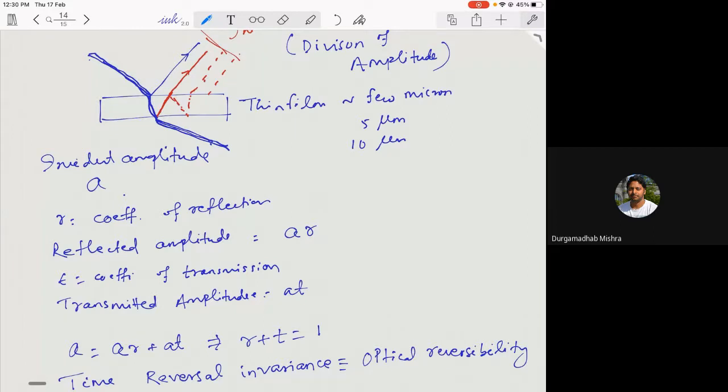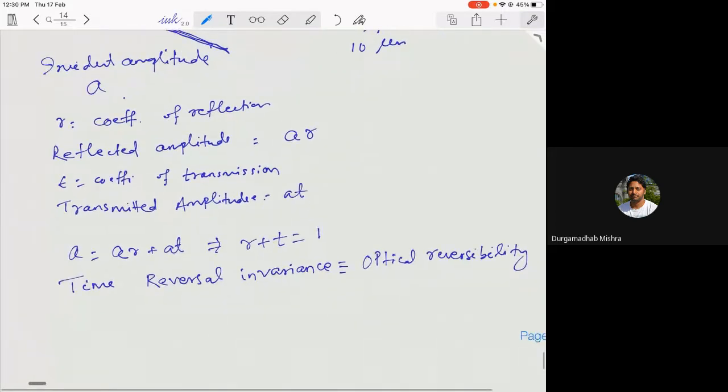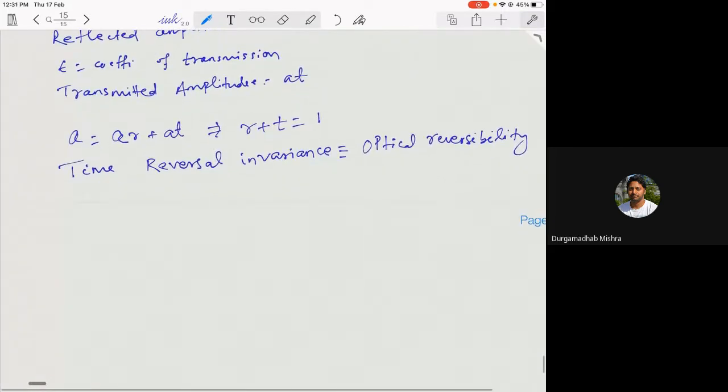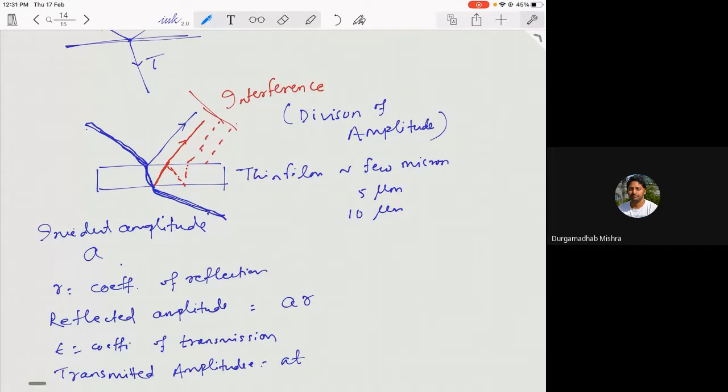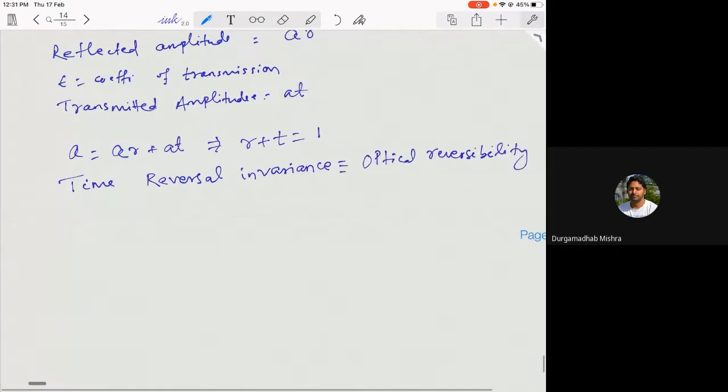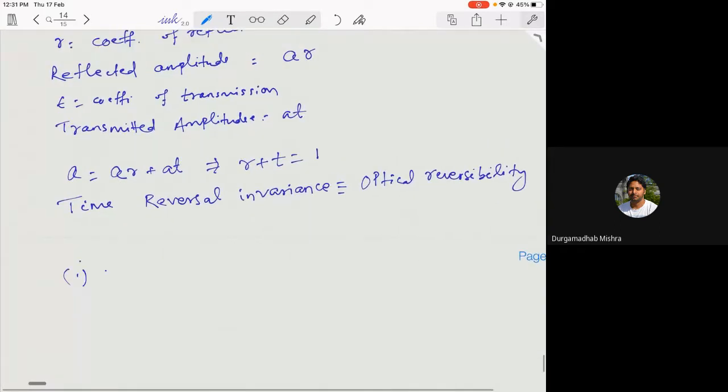So when you do an interference by division of amplitude, let's first look at some of the fundamental things, what we mean and what is the condition of the interference. Before going into that, when the light is falling on this thin film medium, there is a division of amplitude.